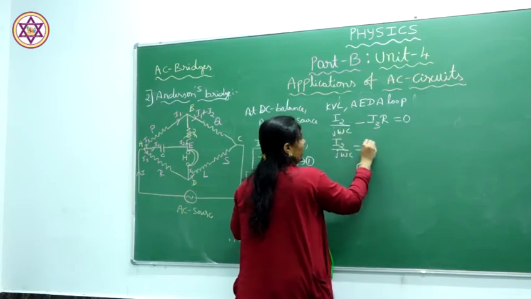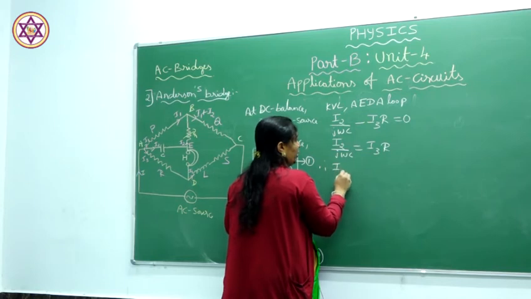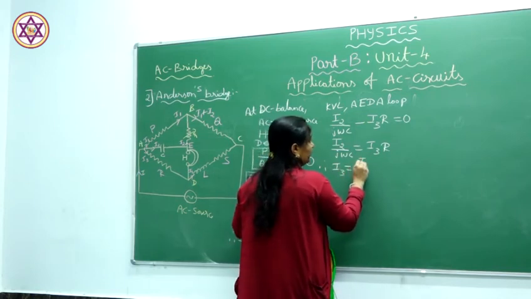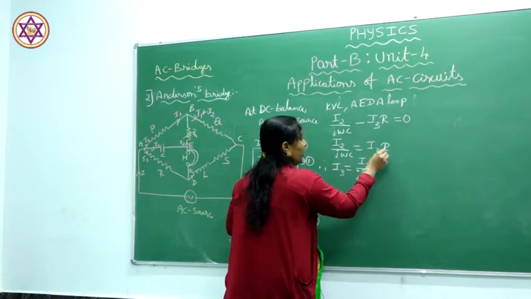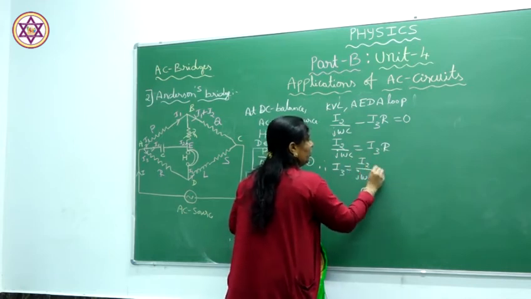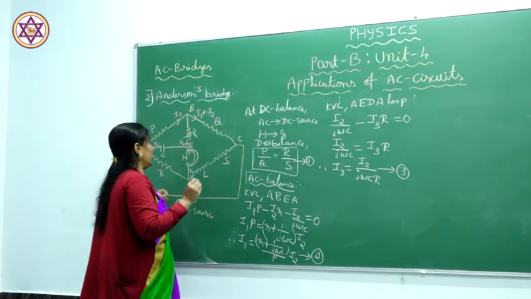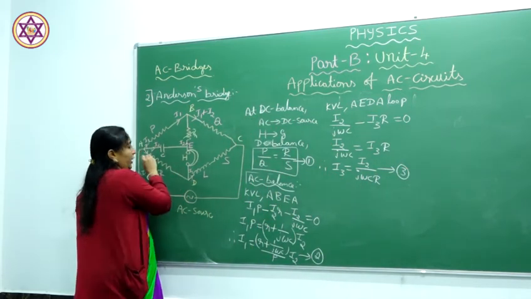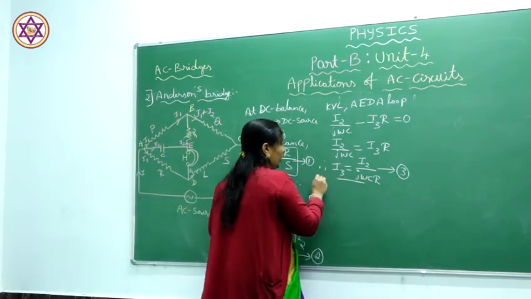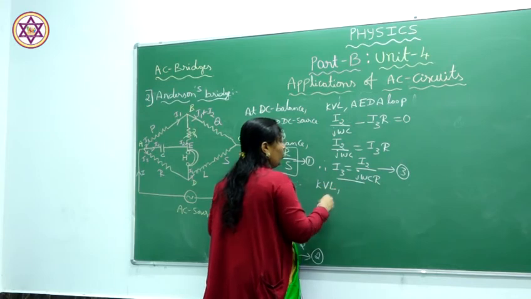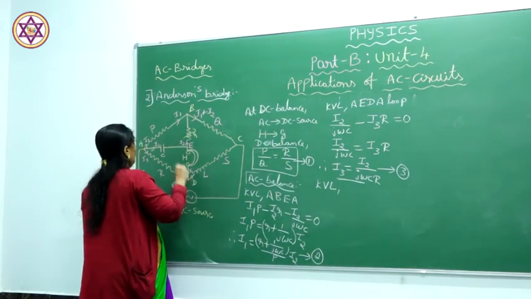I2 by j omega C equals I3 into R. Therefore, I3 should be equal to I2 divided by j omega C into R. This is equation 3. If we apply Kirchhoff voltage law to the loop AEDA, we get the value of current I3.